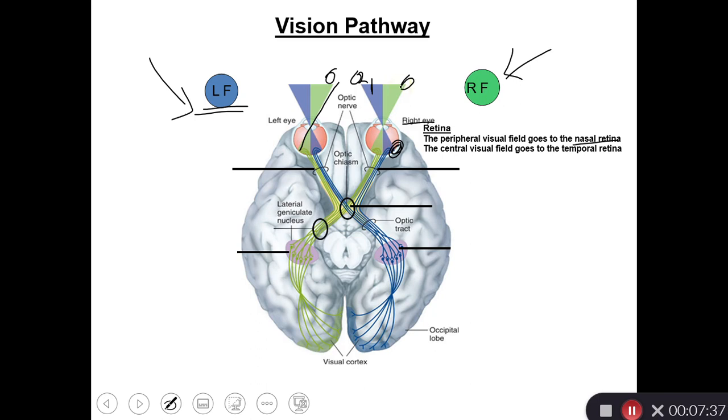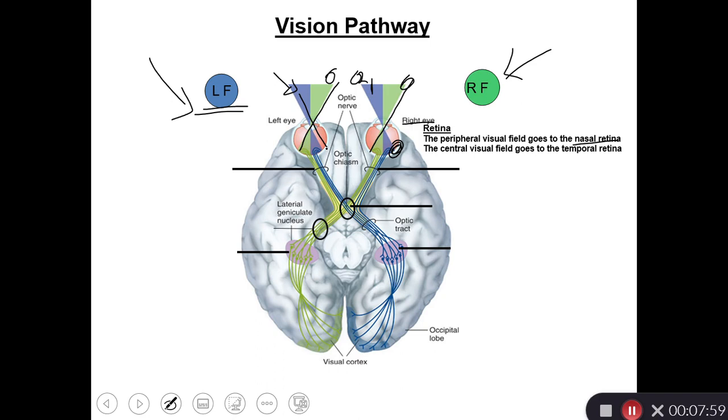So this green goes to the right eye, and then it goes here to the nasal retina of the right eye. This blue, which is the peripheral field for the left eye, goes here to the nasal retina of the left eye.